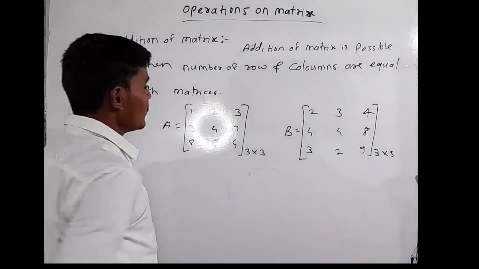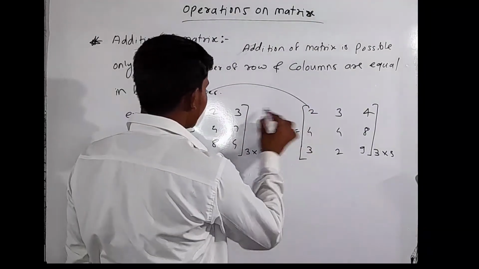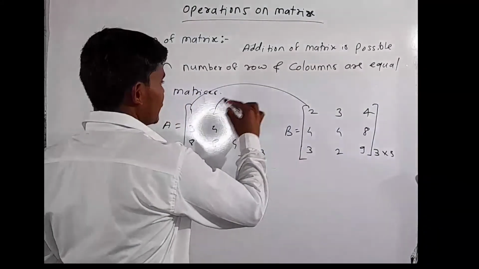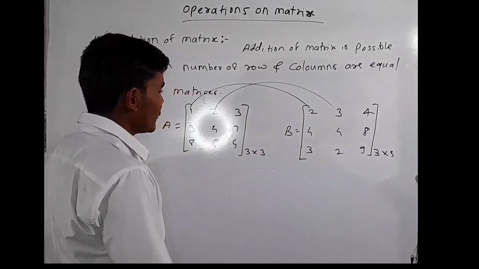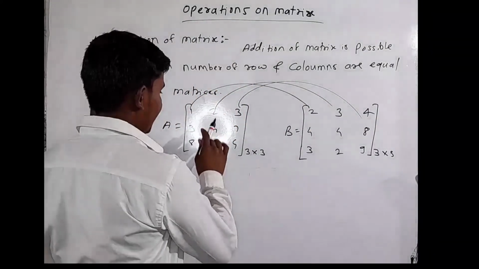Now while adding, we just add corresponding elements, that is A11 added with B11, then A12 with B12, A13 with B13, and like this.